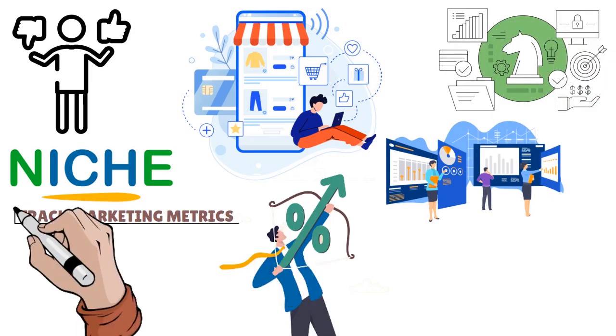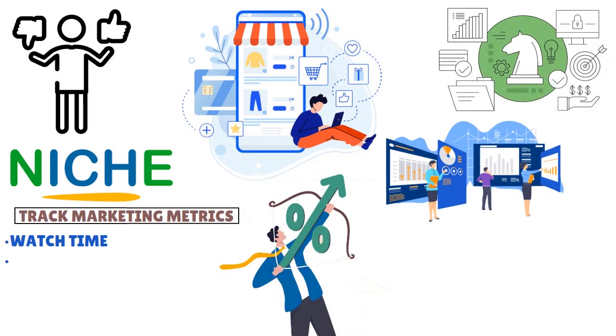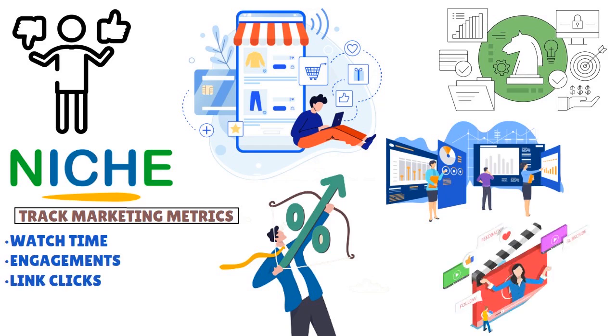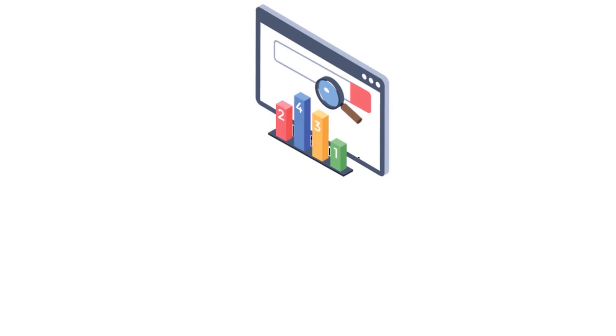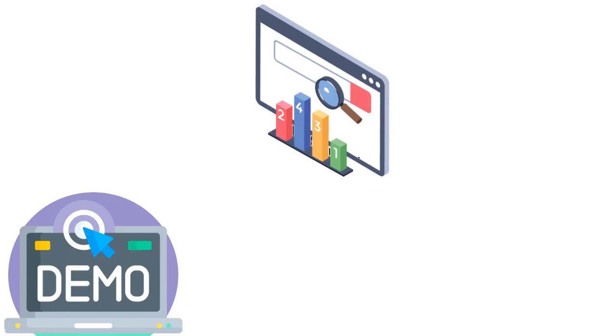You can track marketing metrics, including watch time, engagements, and link clicks. Then you can use this info to identify successful video formats. Let me give an example. If your top performing video on TikTok is a product demo of your company's, let's say, Jade Face Roller, you might decide to produce demos for additional beauty products.